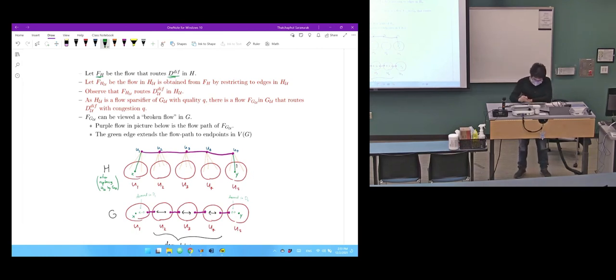Like before, to route things in H. So H is going to look like this, and you have some sparsifier SU here. So think of this as GU.